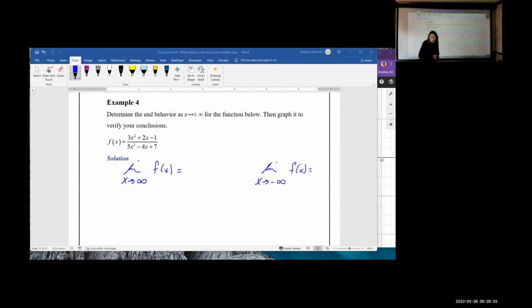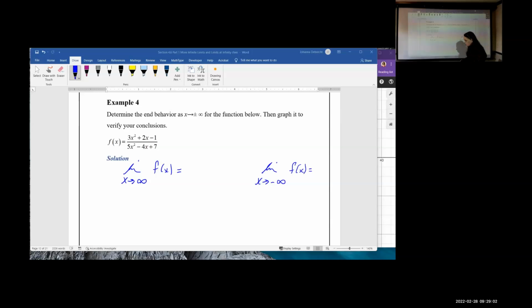All right, so what do you think we're going to get as our limit as x goes to positive infinity of the function 3x squared plus 2x minus 1 over 5x squared minus 4x plus 7? What is going to be the limit? Anybody want to take a guess? Horizontal asymptote at y equals 3/5. That's correct.